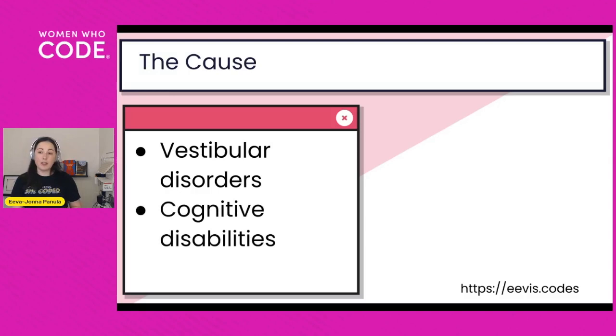And the other thing is cognitive disabilities. The causes might be kind of the same as for vestibular disorders. For example, head injuries might cause cognitive disabilities. Like myself, I've hit my head, and due to that, I have a cognitive disability.